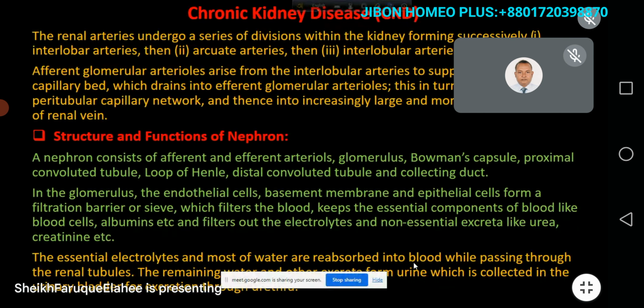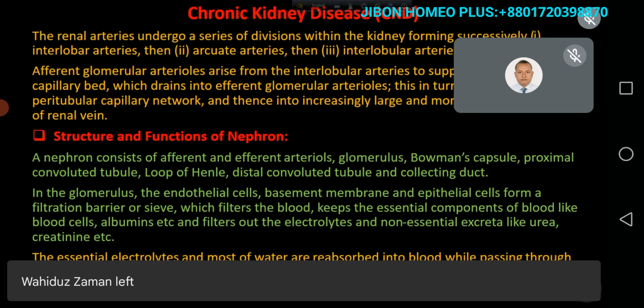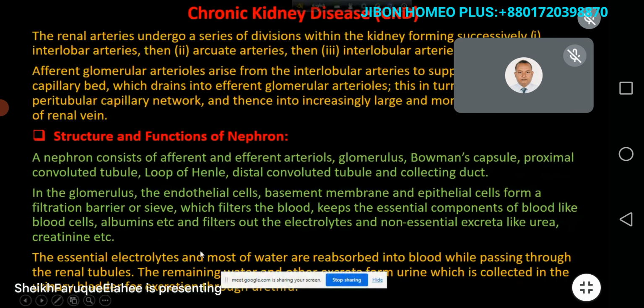As there is 180 liters of filtrate, if it all passed out as urine, the patient would die. That's why most of it is reabsorbed to the blood. And remaining only 1.5 liters of fluid passes as urine.